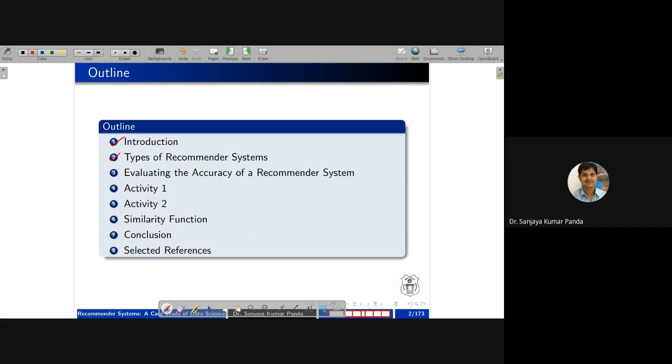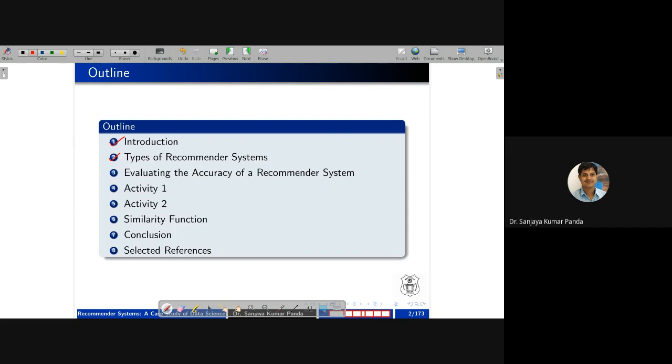Next, once you have understood these things, suppose you want to design your own recommendation system. If you are proposing your own recommendation system, how will you know that it is better in comparison to existing recommendation systems? For that, you need to evaluate the accuracy of both recommendation systems. This is the same as how we make assessments for our students.